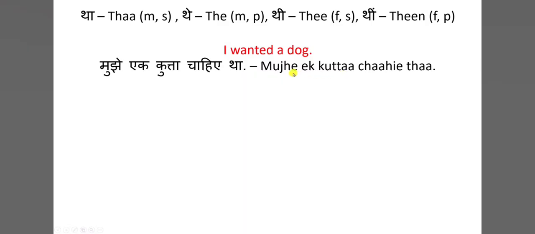Now, since this is indirect construction, tha, the, thi and thii depends on the object of the English sentence. Here, in this case, a dog. And since a dog is singular and dog is masculine, we have selected tha as the verb here.